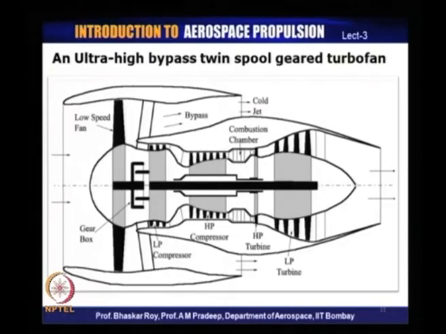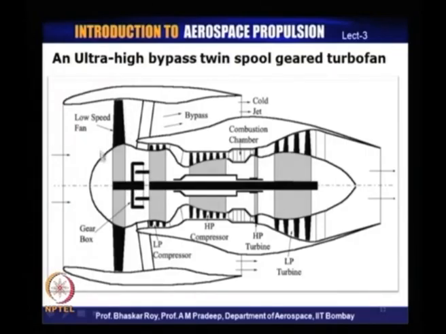This is ultra high bypass twin spool. The fan has gone bigger and its size is now substantially bigger than the core engine. So much so that the fan needs to be run at a lower RPM, and quite often they come with a gearbox. This gearbox is reminiscent of the gearbox that is used in propellers.